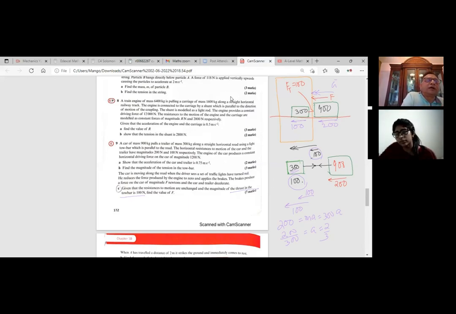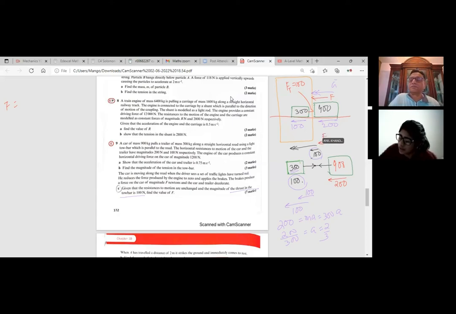Correct? So F equals ma, but in this case, now the acceleration is 2/3 times 900. And what is the force acting on it? Minus 200 plus F. We have to find the force F. Wait, we're taking backwards as positive. Yeah, backward is positive.